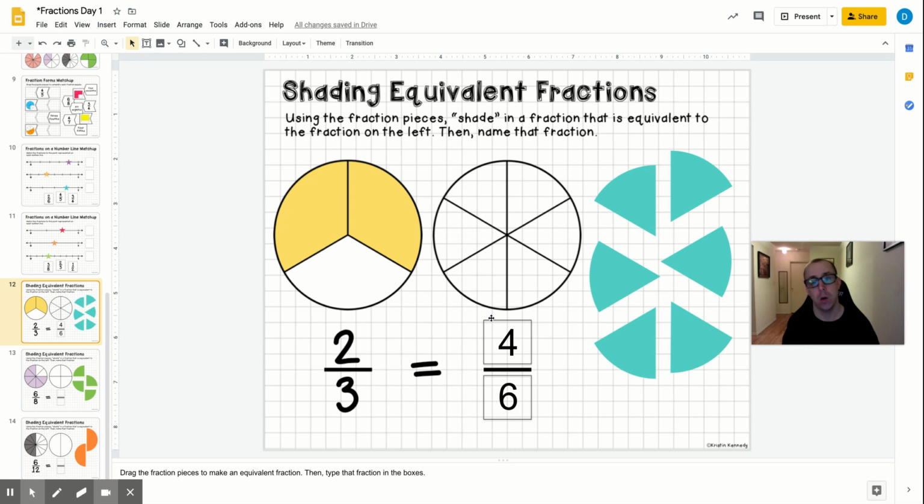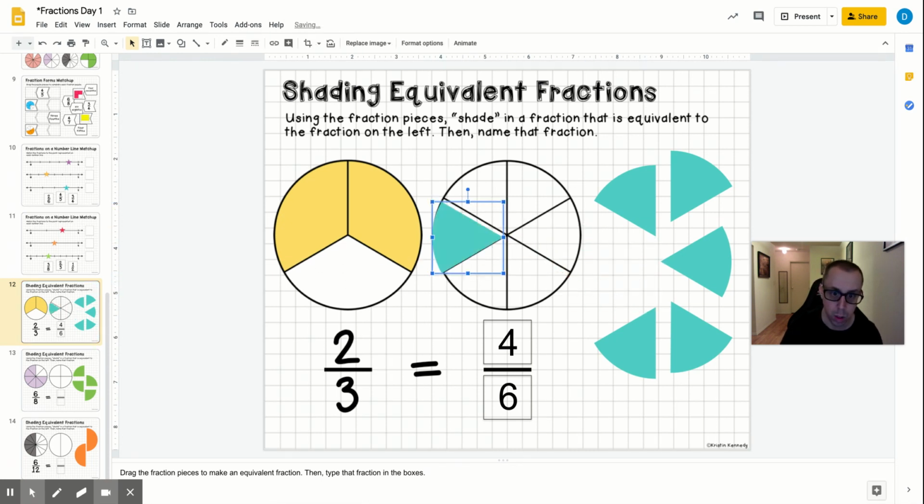Okay, but when you complete this shading part for sixths, please fill in the same portion that you shaded in here. So you shouldn't be shading in here. Okay, so if you look, I'm going to do 1 and 2.